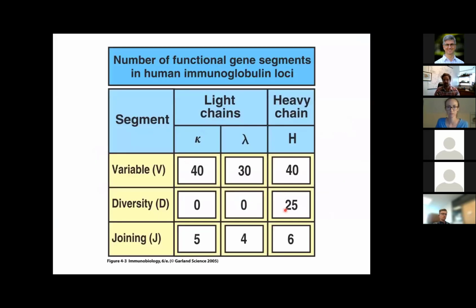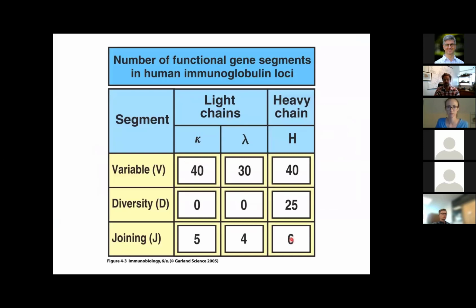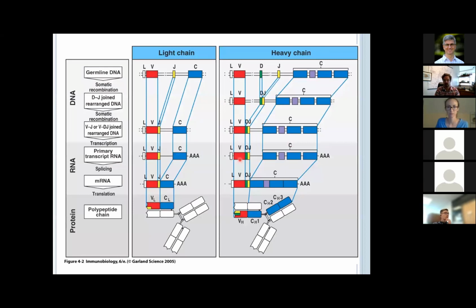You might have 25 D regions to choose from, and you're going to pick one. And then you have 6 J regions to choose from, and you're going to pick one. And the enzymes are going to cut out all the DNA in between these gene segments that you're not using, and then stitch together the ones that you are using. So everything in between is cut out, and then you stitch them together.